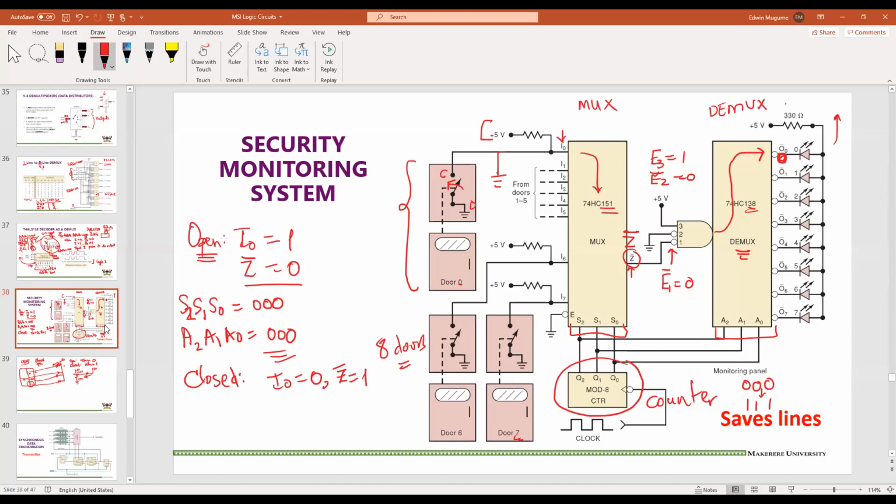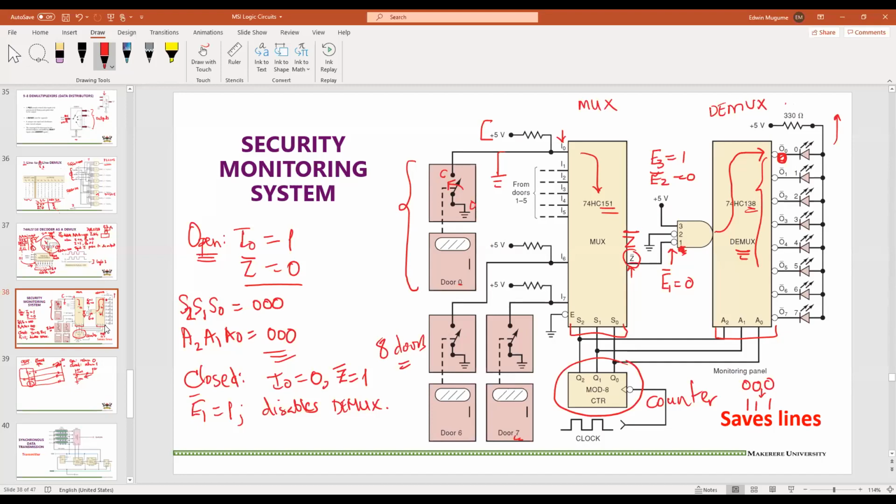When Z inverse enters this E1 as 1, it disables the demultiplexer. What does that mean? It means that all the outputs of the demultiplexer will return their inactive state. And because they are all active low, their inactive states are high.